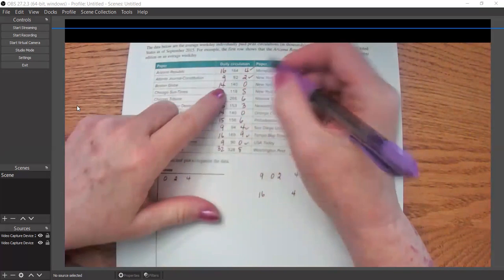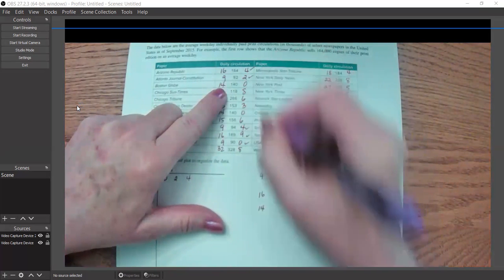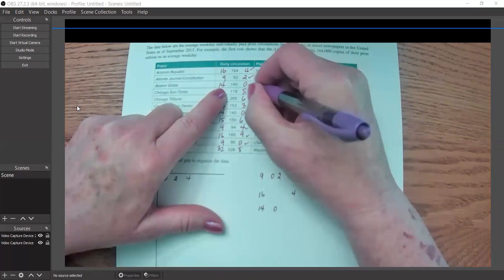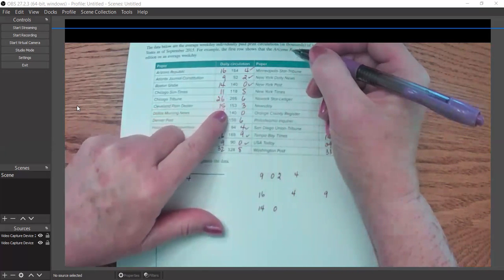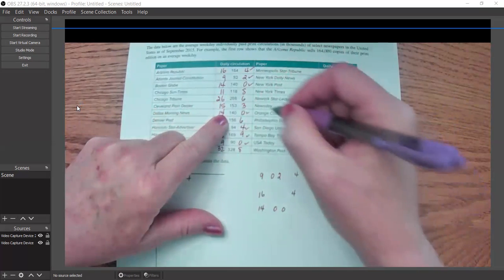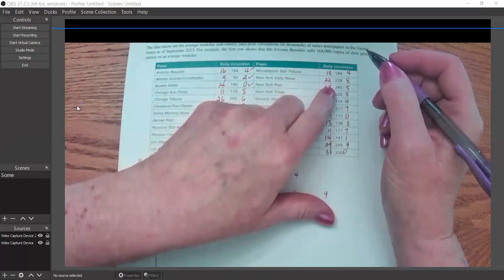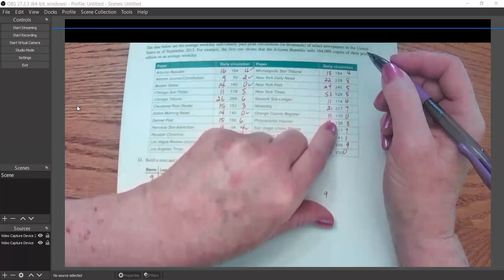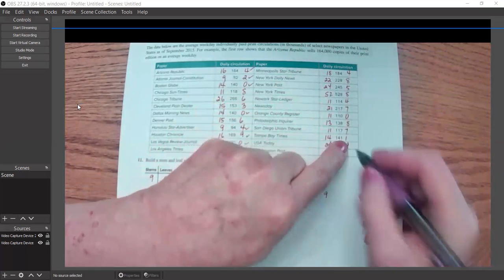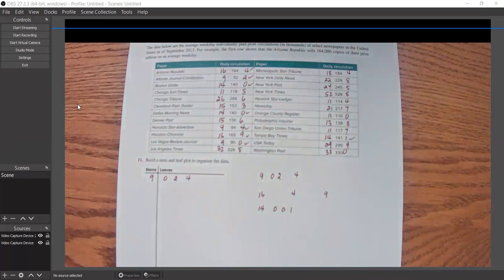All right, let's look for the 14s. We have 14, leaf of 0. 14, another leaf of 0. 14 and a leaf of 1. So 14 has 0, 0, 1.